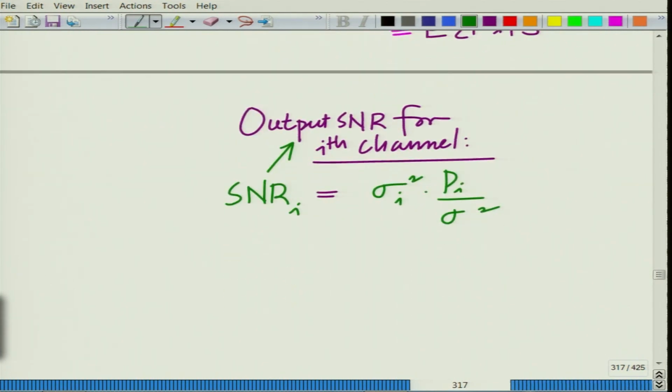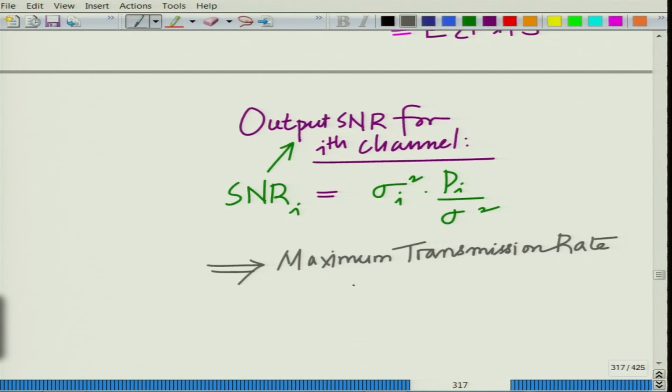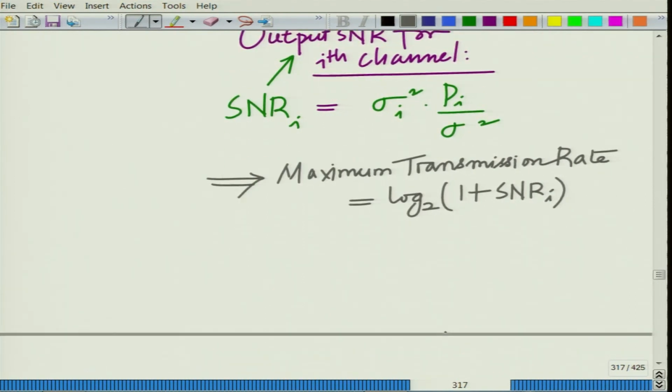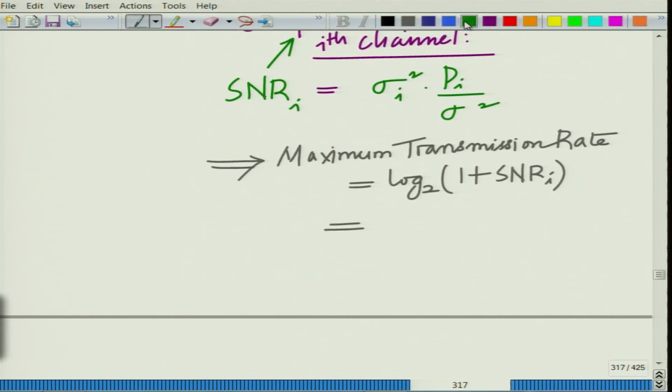This is the output SNR for the ith channel, which implies the maximum rate from the Shannon formula, which implies the maximum transmission rate for error free decoding, which is given by the Shannon capacity, which is given as log to the base 2 1 plus SNR I. So, this is essentially your Shannon capacity formula, right.